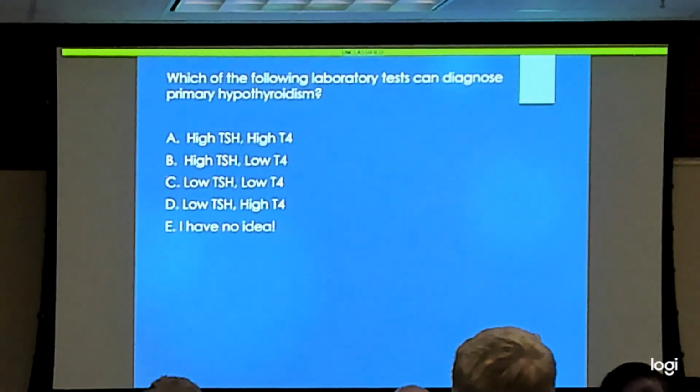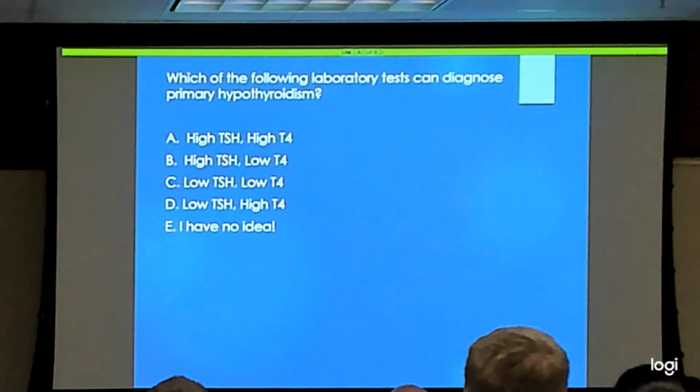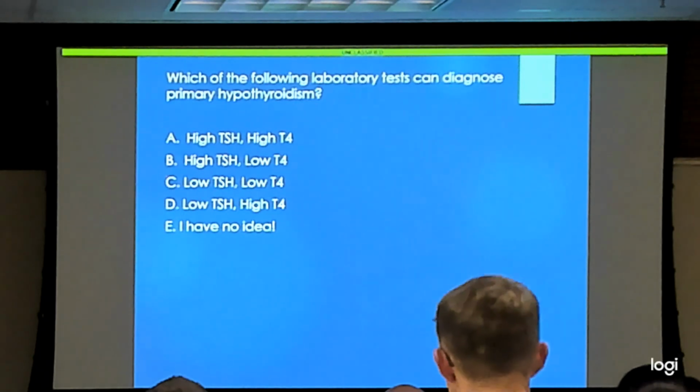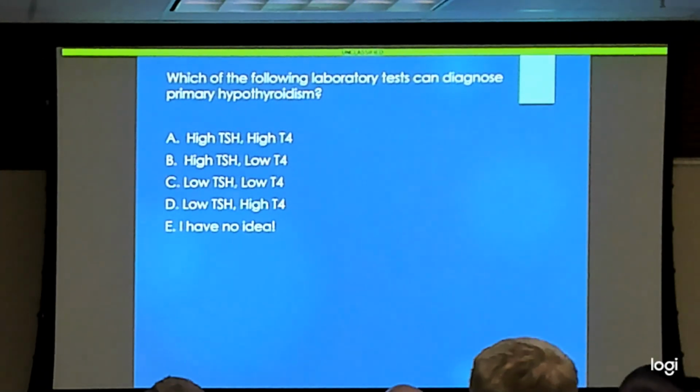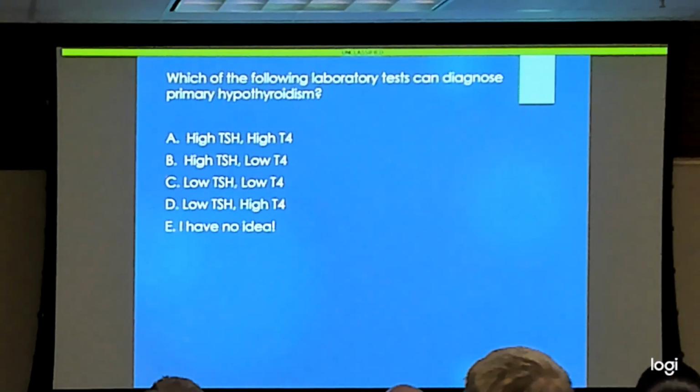All right, which of the following laboratory tests can diagnose primary hyperthyroidism? So first you figure out where the malfunction is. I think it's primary. I'll give it two labs that go with that. All right, who says A? Who says B? Who says C? Who says D? Who says E? Good job.